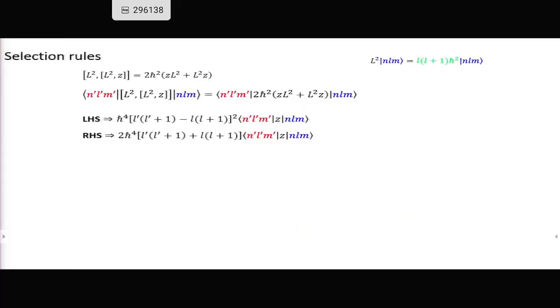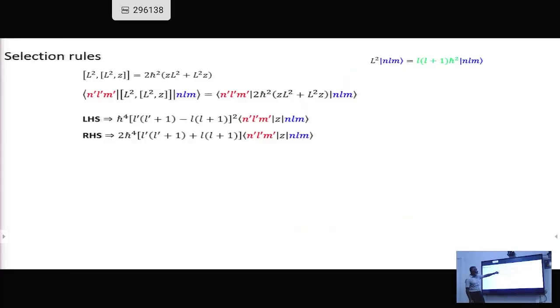It's all in terms of Z. And you know that L squared on the ket is given by the eigenvalue equation, and you use that, you get this term coming out, and then M prime, L prime, Z, M. On the right hand side, you get h-cross squared raised to 4, L prime plus 1 plus L plus 1, and you get this.